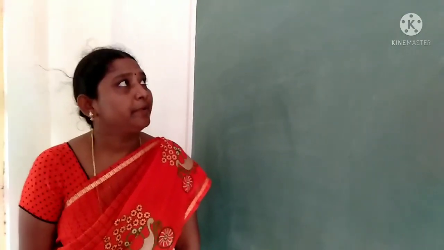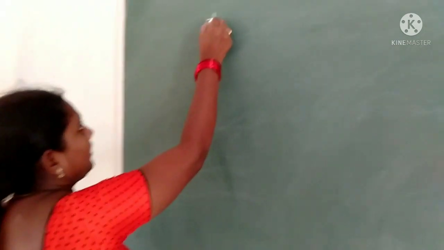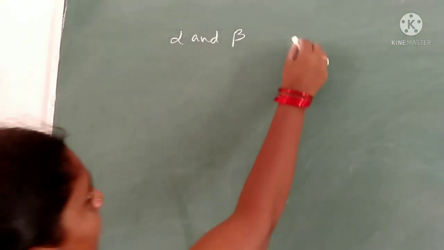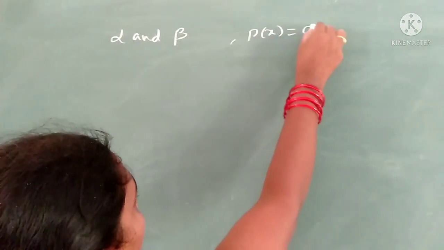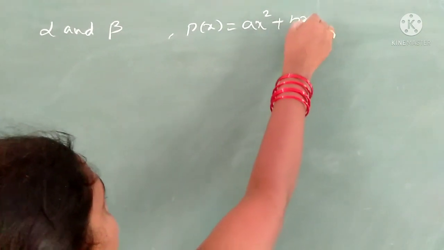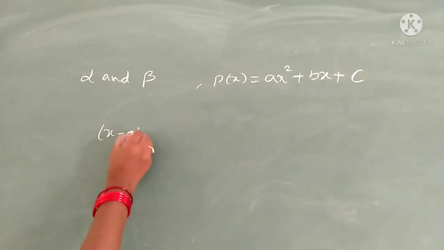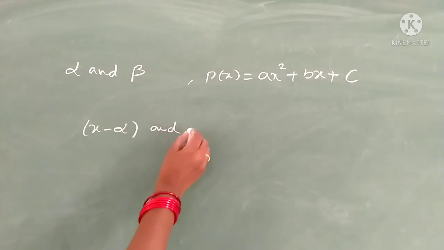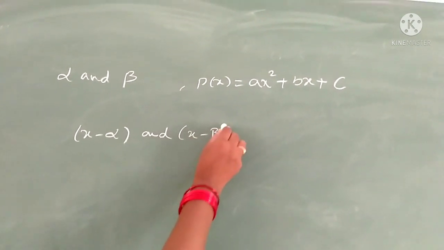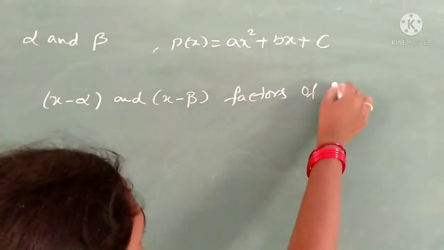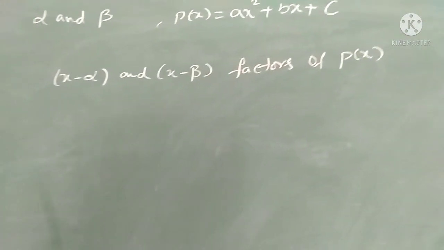If alpha and beta are zeros of the quadratic polynomial p of x equals ax square plus bx plus c, then x minus alpha and x minus beta are the factors of p of x.